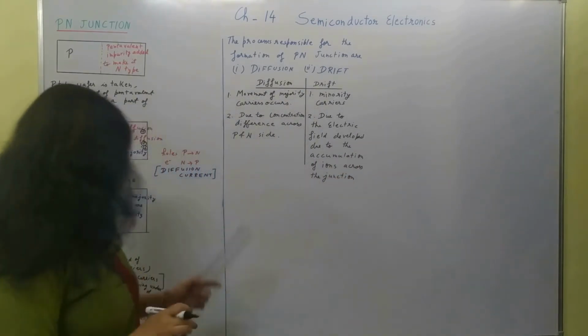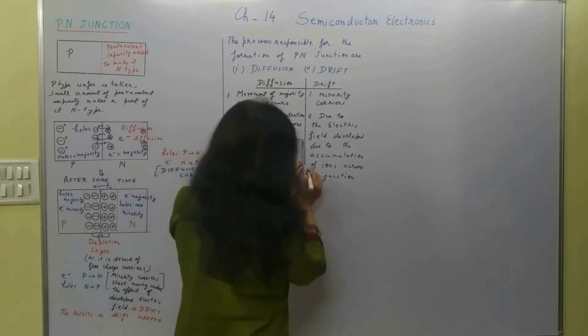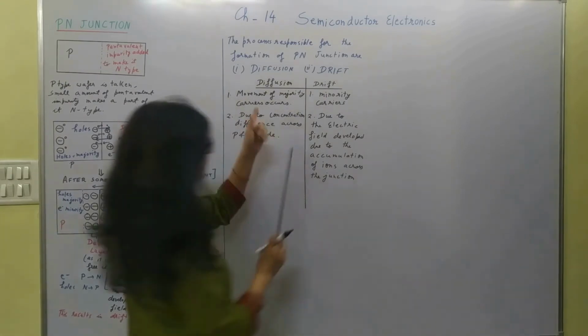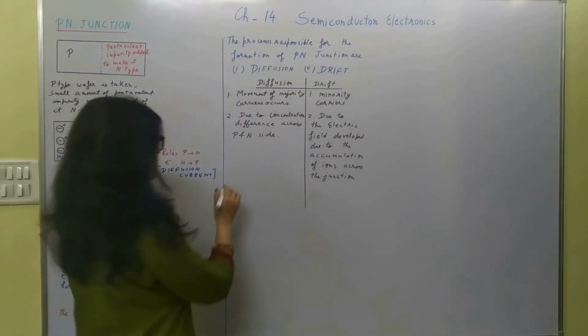These are the two major differences here. And we can mention third thing also, this results in diffusion current, this results in drift current.